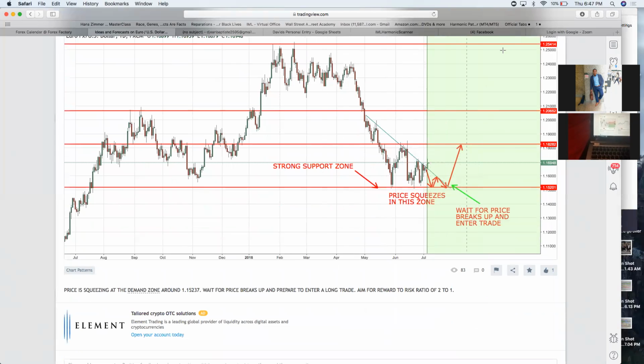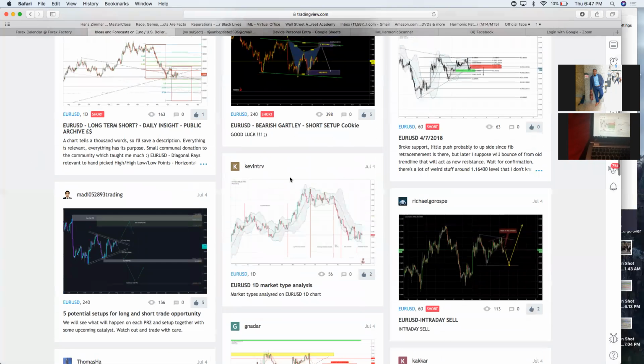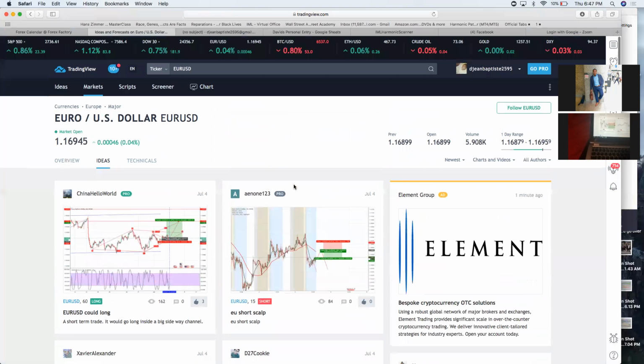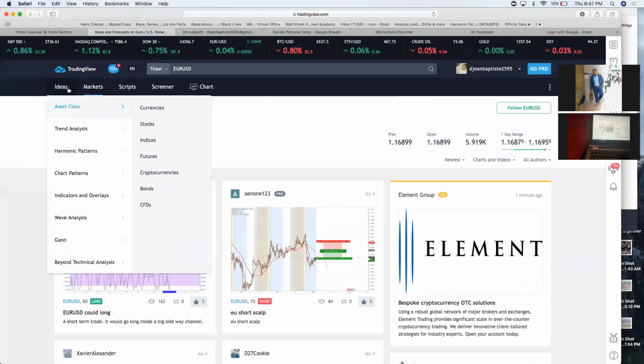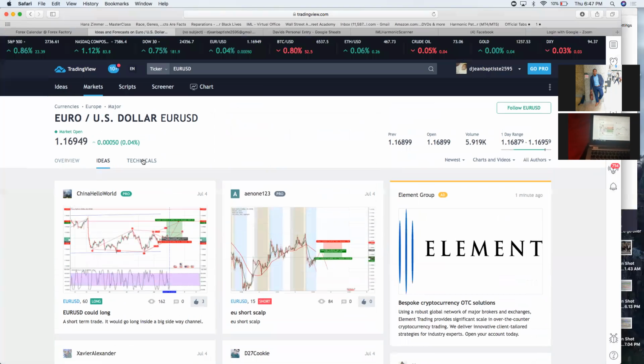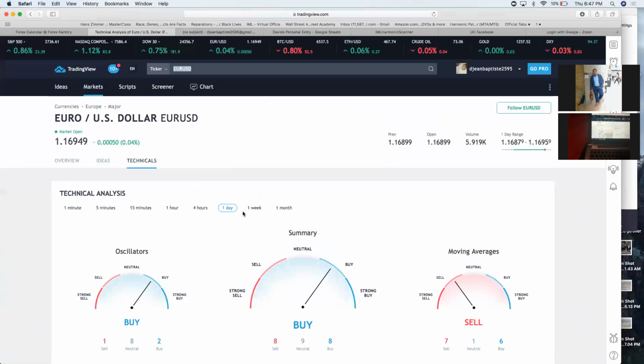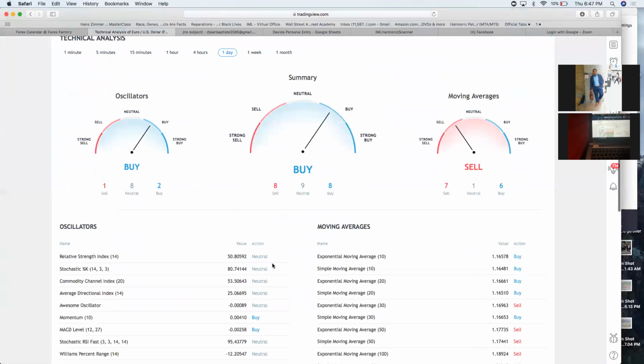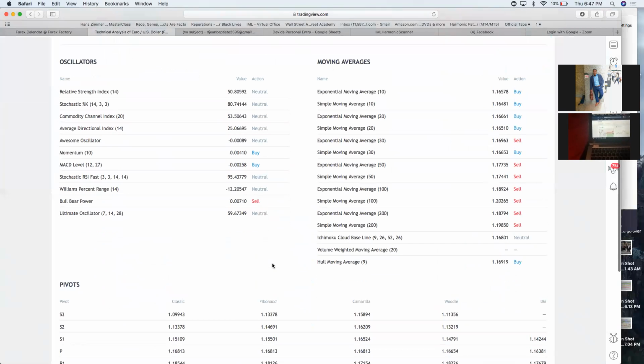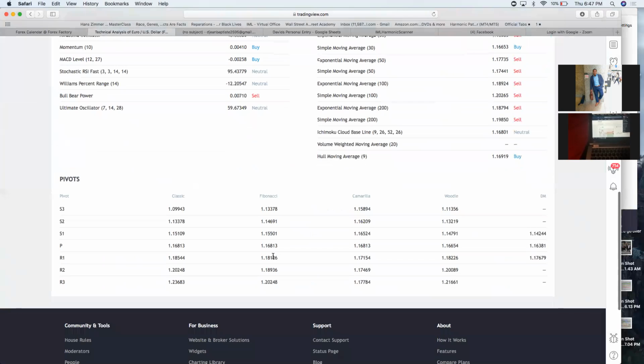So whenever you see the green area, that means that the person is correct. Whenever you see the red area, that means that the individual is incorrect. All right, so these are the ideas. This is the market. So let's go to your technicals. With the technicals, you can actually use this to see if the market is in a buy position or if the market is in a sell position.